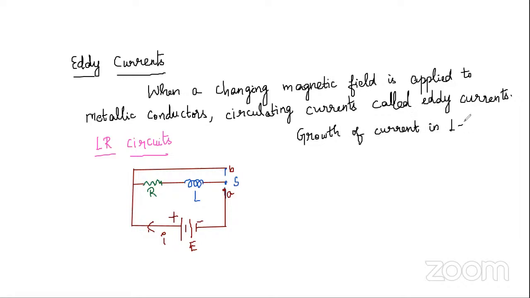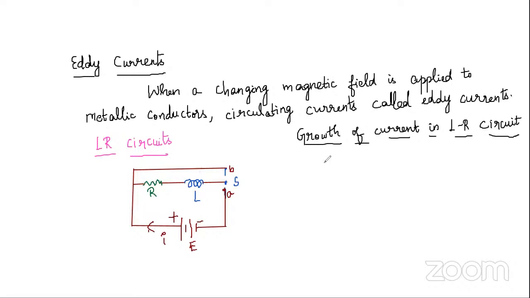Growth of current is simply due to the introduction of the cell of EMF E here. When you bring the switch position to the point A, current starts flowing through the circuit and grows from 0 to the desired value. And what is the final expression for the current?